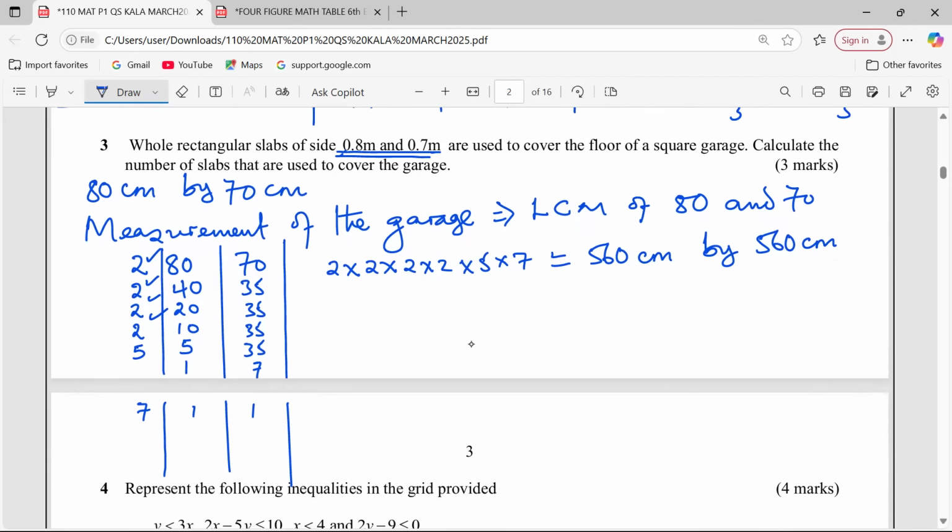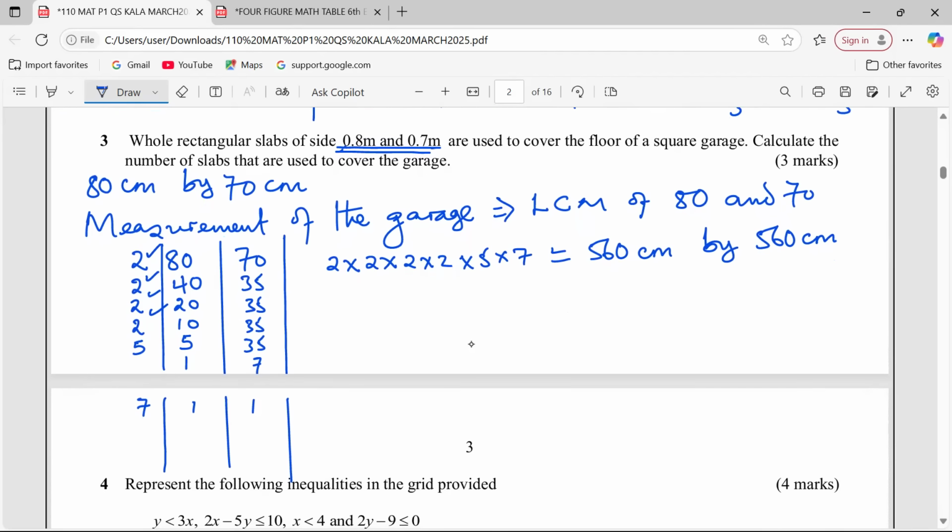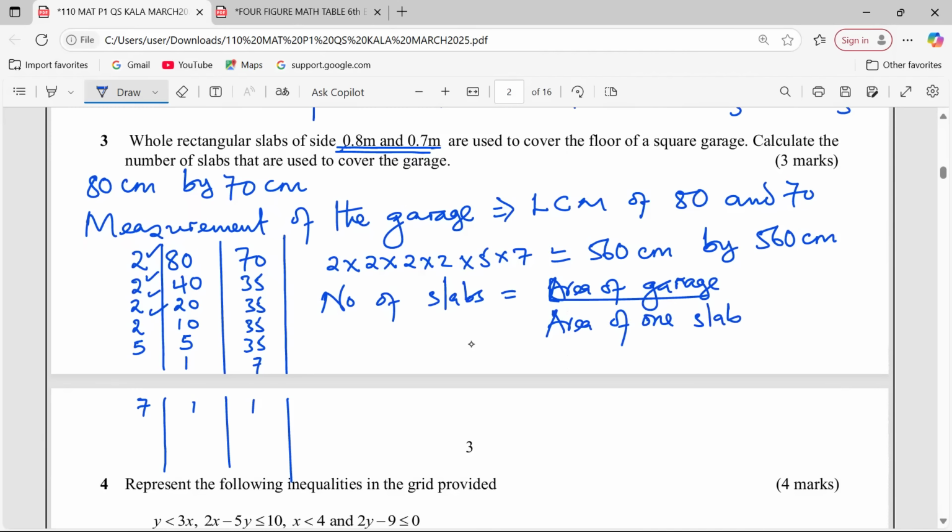So the number of slabs can be now obtained by taking number of slabs means area of room, or area of garage. This one we divide by area of one slab. So this is 560 by 560 out of 80 by 70.